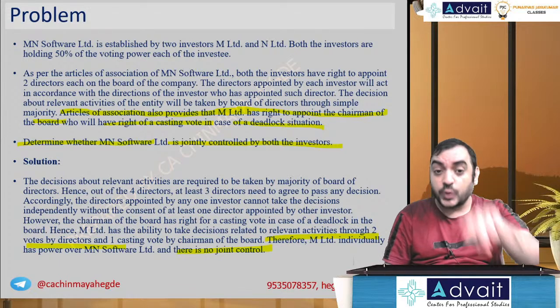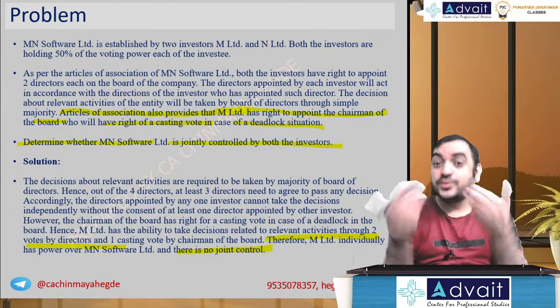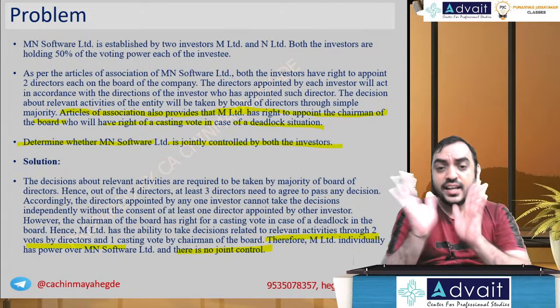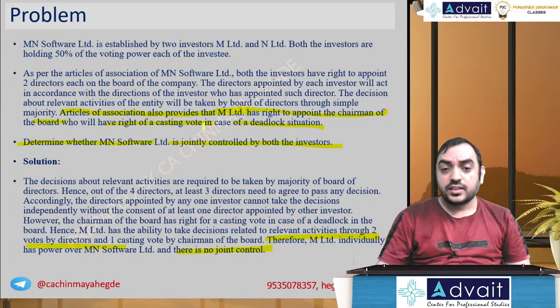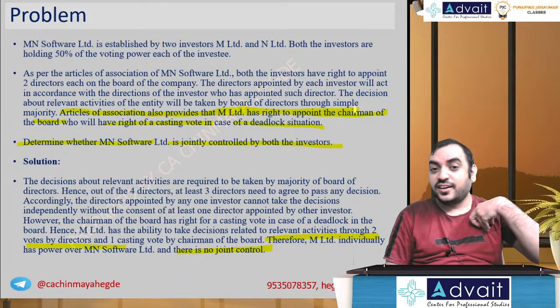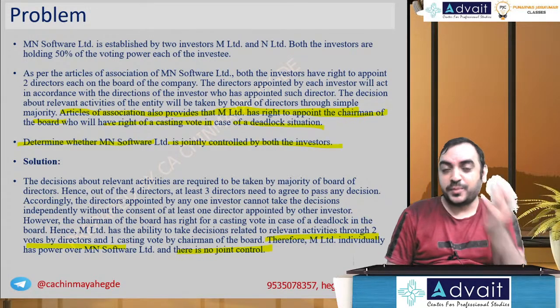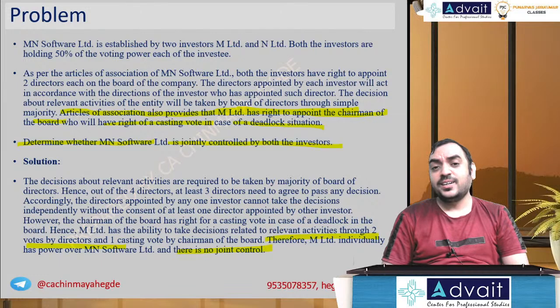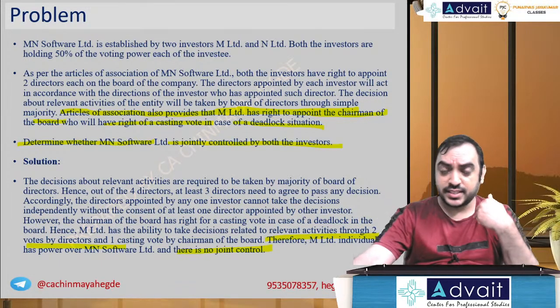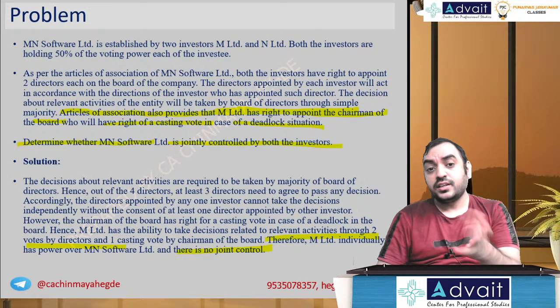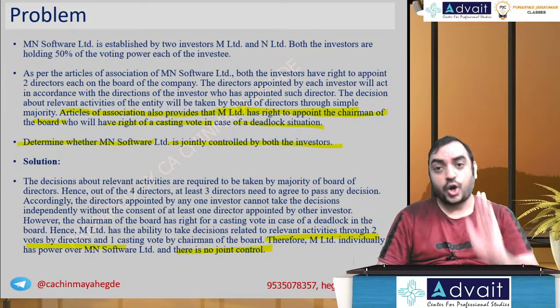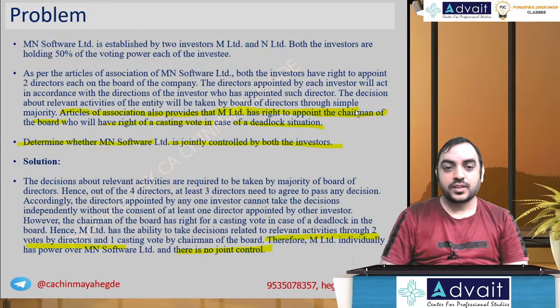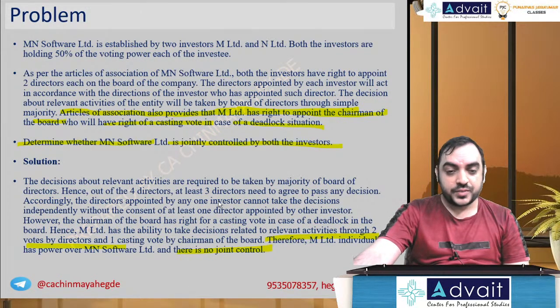If the chairman is appointed by both parties, that's a different situation. But here M Limited appoints the chairman, meaning their directors become the chairman, so they will definitely have the power, the majority. So since M Limited individually controls, they become a holding subsidiary and not a joint venture. Okay, hope you got it. I'll go further.